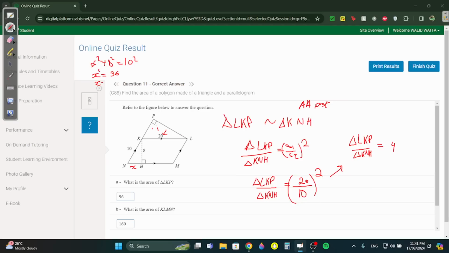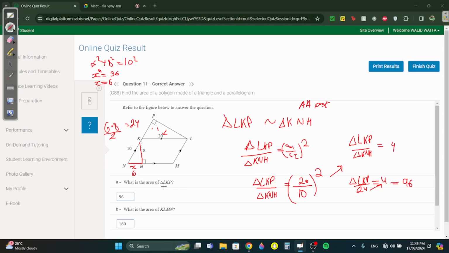So x equals 6. You get this side as 6. Can you find the area of it? Base times height over 2. 6 times 8 over 2, and you get 24 as that area. For triangle LKP over 24 equals 4, cross multiply, 4 times 24, you get 96 as triangle LKP.